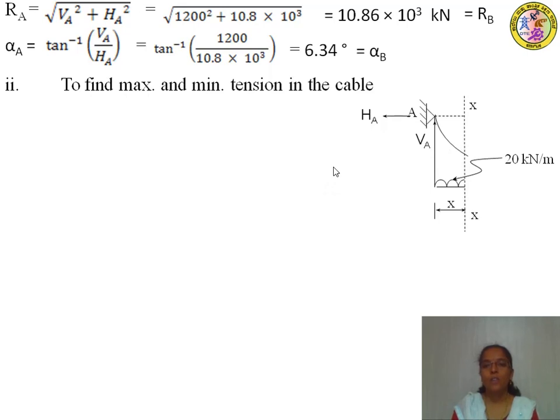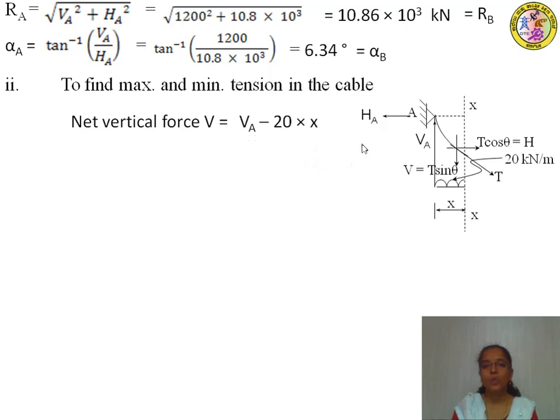Now we will take net horizontal force. We will write net vertical force. What is the net vertical force acting at this section? It is VA minus 20 into x, where 20 is the loading and x is the distance.